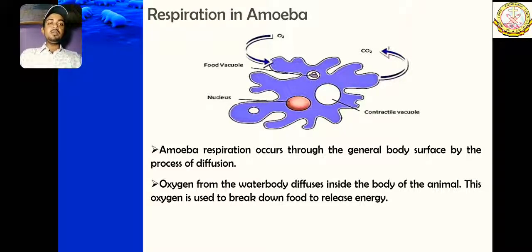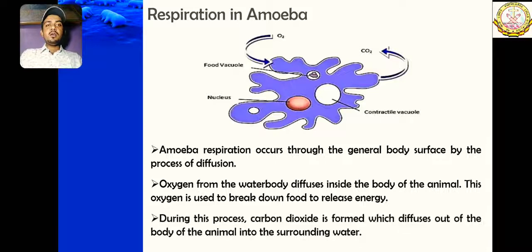This oxygen is used for breaking down food to release energy, the same process which happens inside us, which is called respiration. During this process, carbon dioxide is formed, which diffuses out of the body of the animal into the surrounding water. It lives in fresh water, so this process is happening inside water. Carbon dioxide will be released and oxygen will be absorbed from the surrounding water.